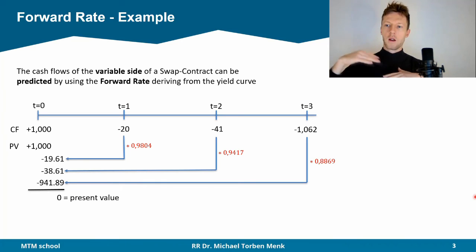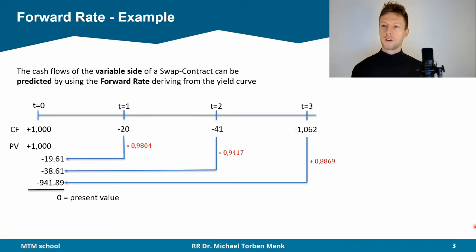In this contract right now, seeing the actual market yield curve, no contract partner wins, as it has an intrinsic value of 0. It's just a fair deal, objectively derived from the yield curve at the market.